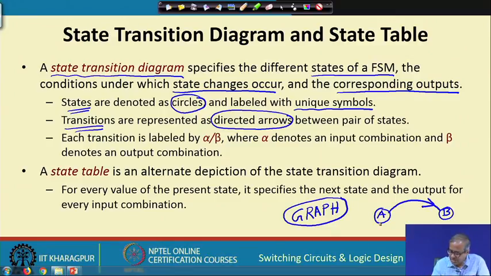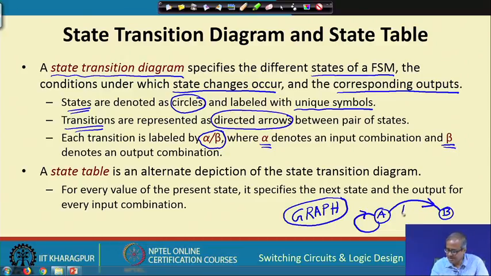Well, these arrows can be self loops also. So, a state and itself, it can also be like this, and each transition is labeled by two numbers alpha and beta, where alpha denotes some input combinations and beta denotes an output combination.